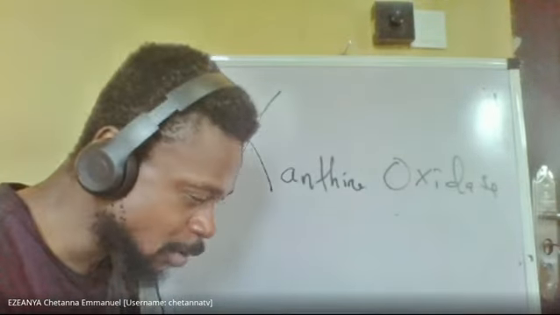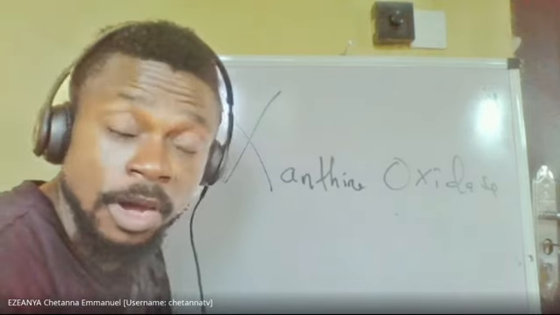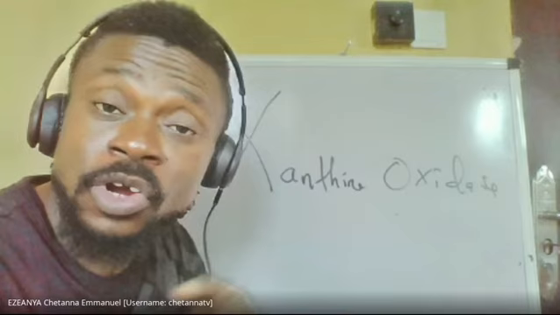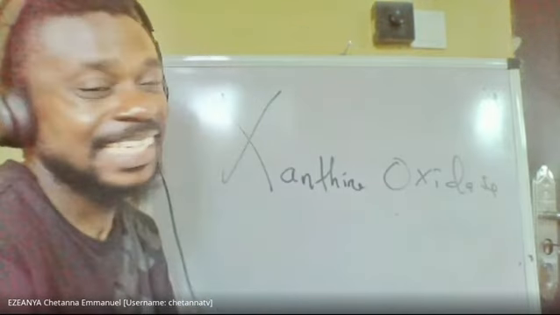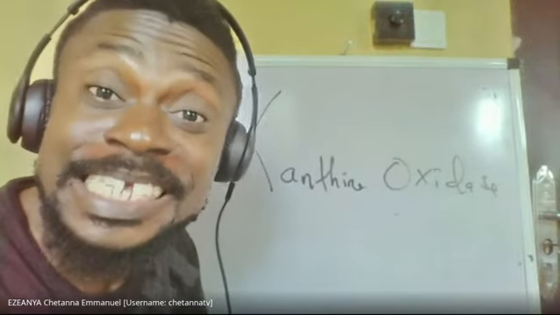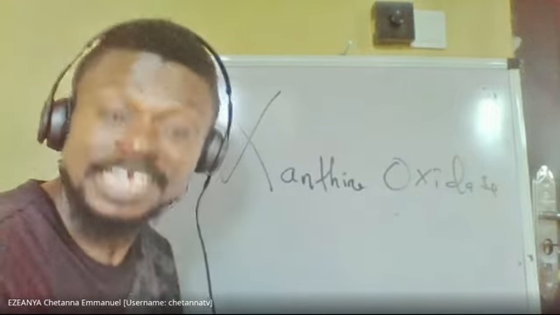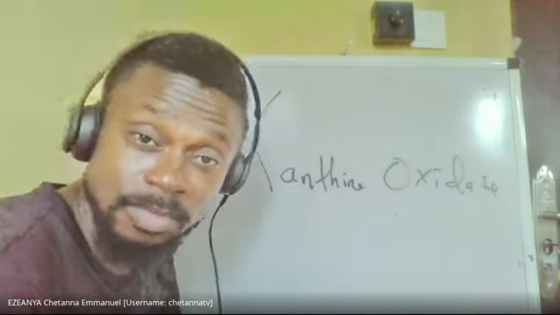Excess of it can cause this. Also, please note, it's not just uric acid; this one also has to do with what you eat. Eat well. What you eat matters too.